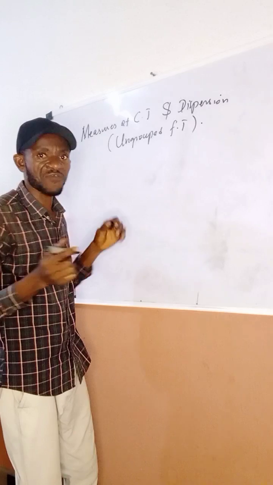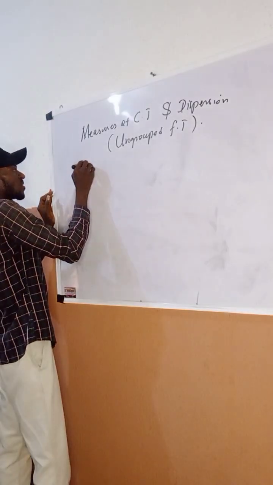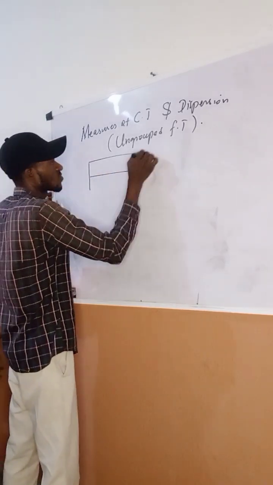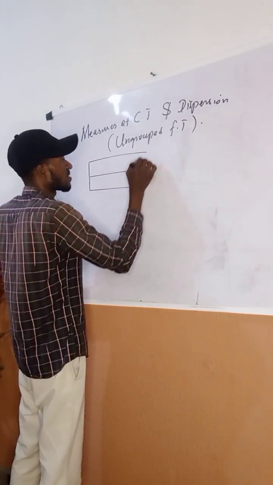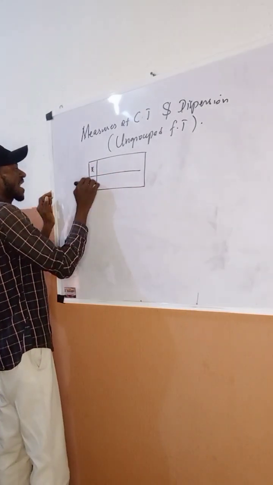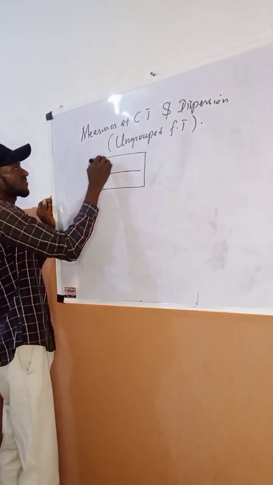And of course, we know that for our ungrouped frequency table, we are going to have this thing occurring this way. Let me call here my x, and here my f.